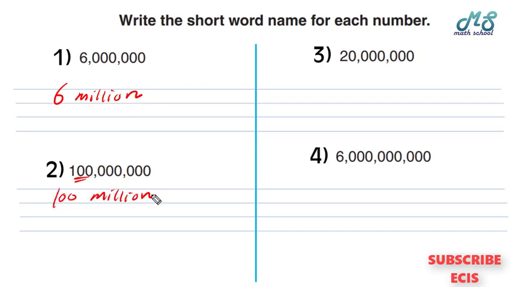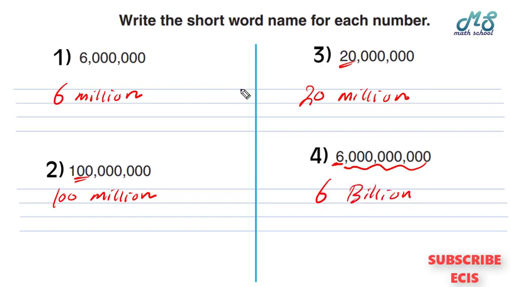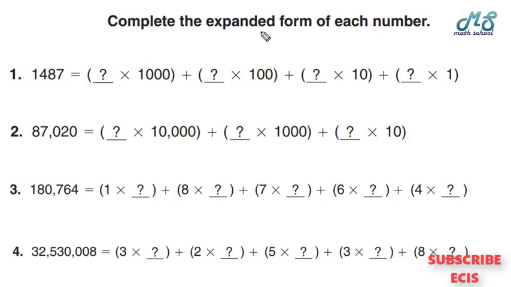It's easy to write. 20 million. Just write 20 in digits and write the word million. How many zeros? We have 9 zeros and 6. So we have 6 billion. This is called the short word name. Next, how can we write the expanded form of the number?